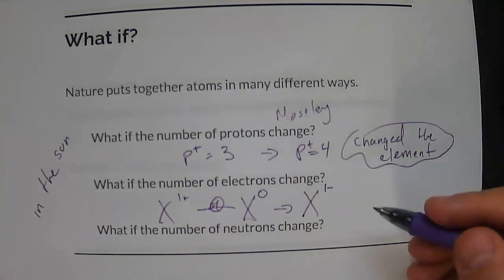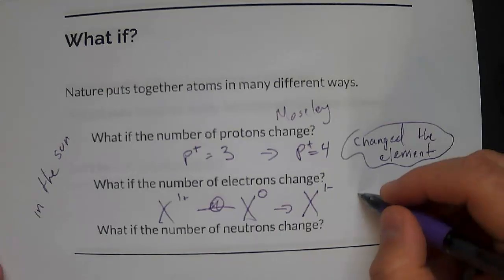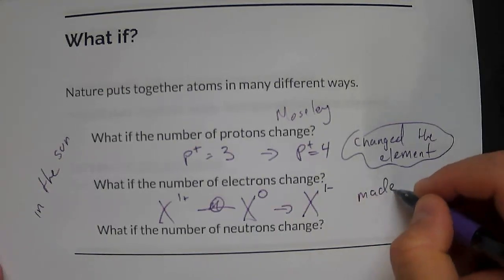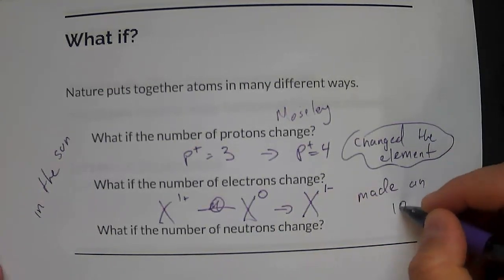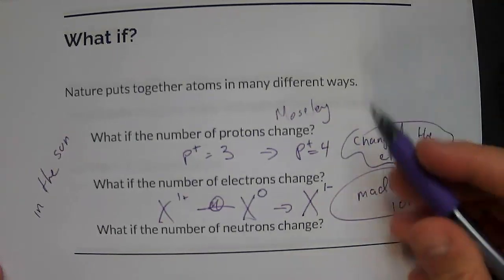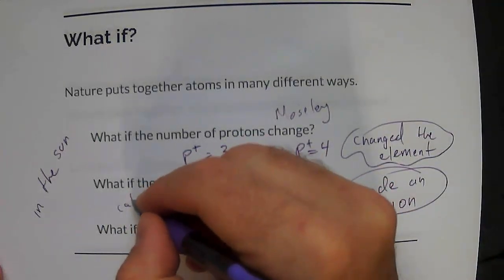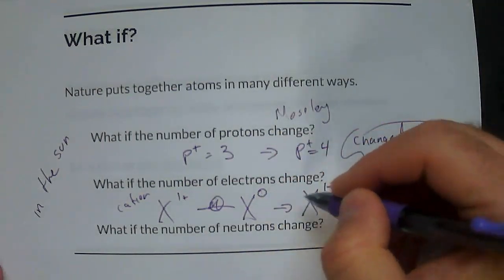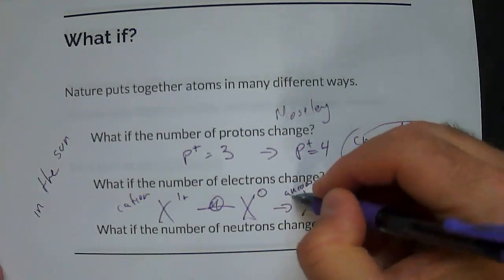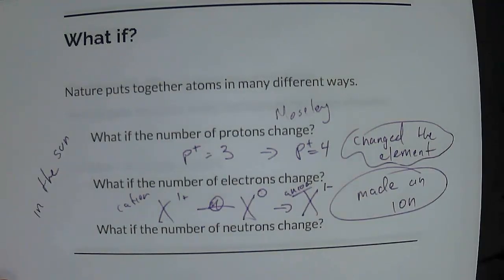Changing the number of electrons means that you've made what we call an ion. A positively charged ion is called a cation. A negatively charged ion is called an anion. So there are the different ions.